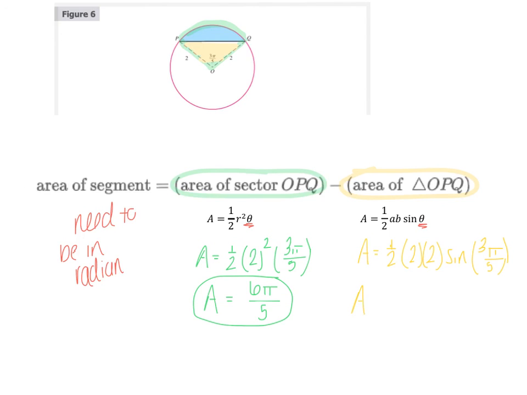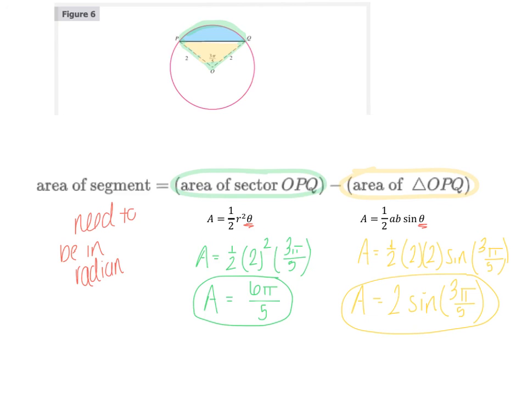Okay, when you're done, that's going to simplify to 2 sine of 3 pi over 5. So those are my two pieces.